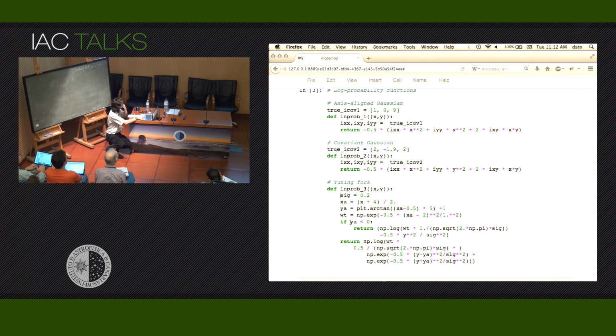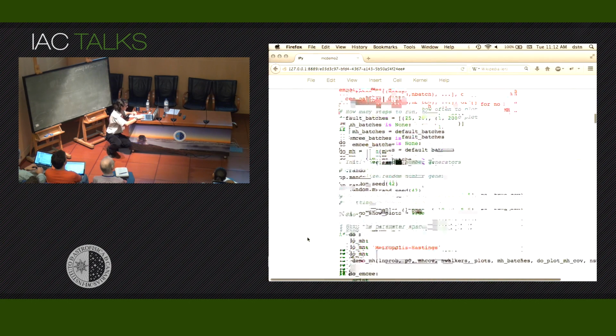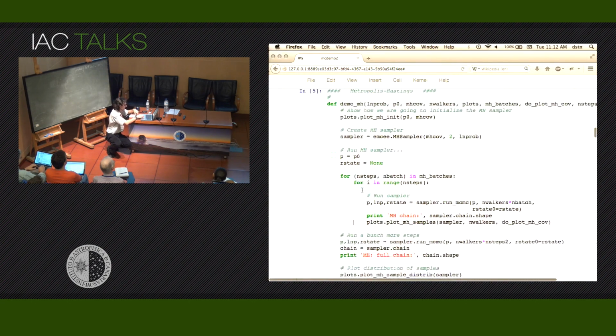If you're to the left of that fork part, then it just returns a single Gaussian. If you're to the right of the fork, it returns half and half for the upper and lower branches. So it's a really simple log prob. And then as far as actually, this is just boring code.